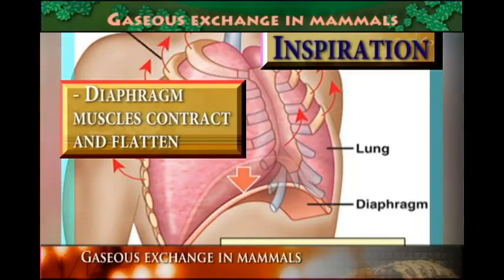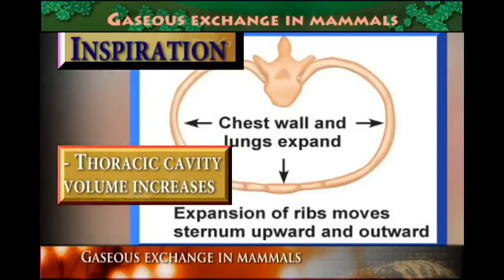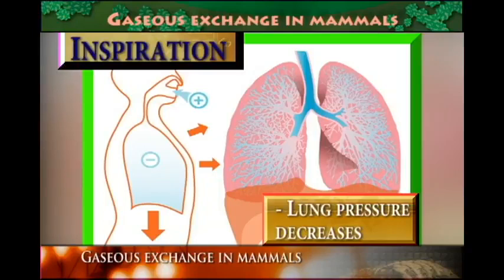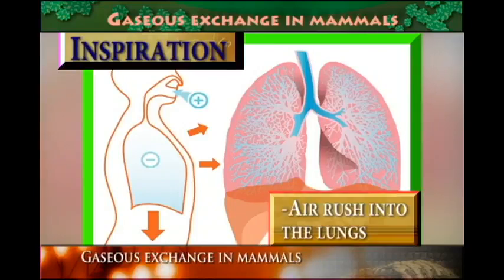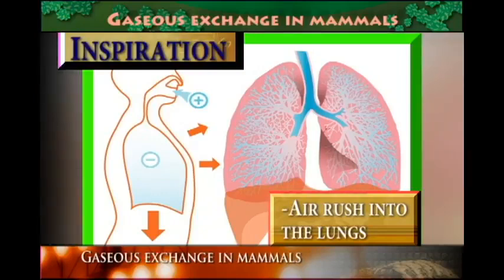In the process, the thoracic cavity volume increases. And when the thoracic cavity volume increases, the lung pressure decreases below that of the atmospheric pressure. This forces the air to rush into the lungs. And that is the process of inspiration, how air enters into the lungs.